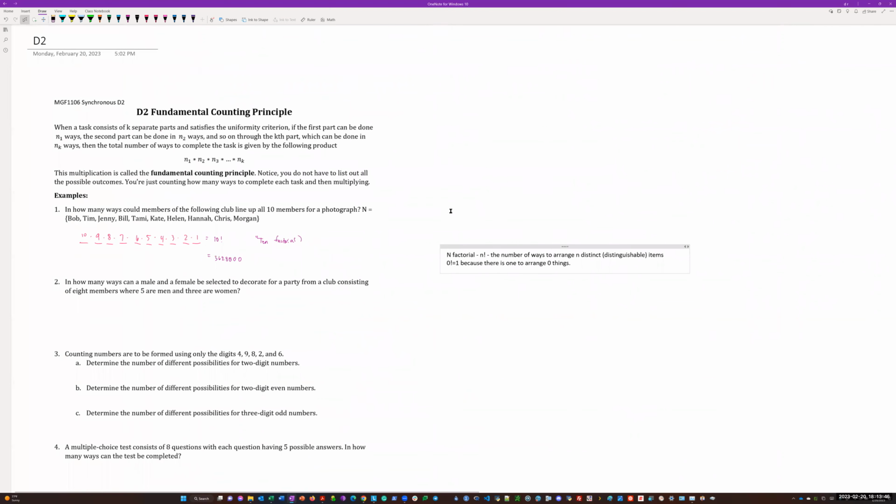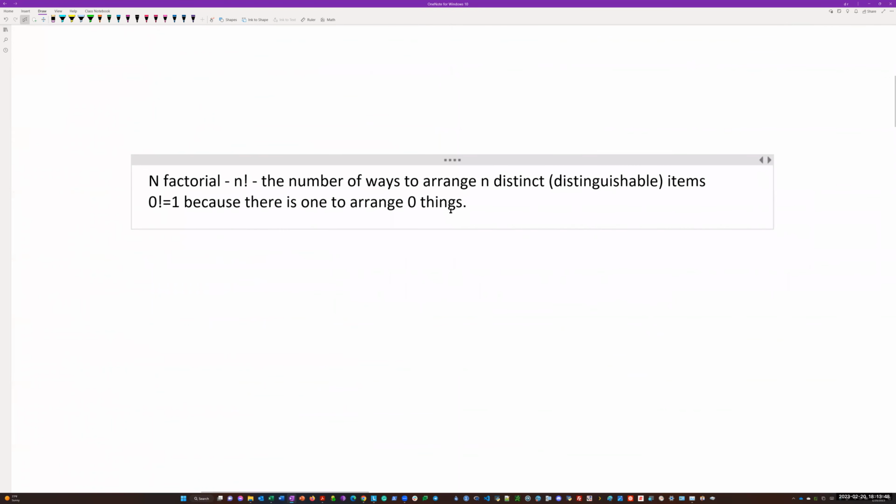All right, so n factorial is the number of ways that you can arrange n distinct or distinguishable items. We say 0 factorial is 1 because you can arrange 0 things one way. You just don't do anything.